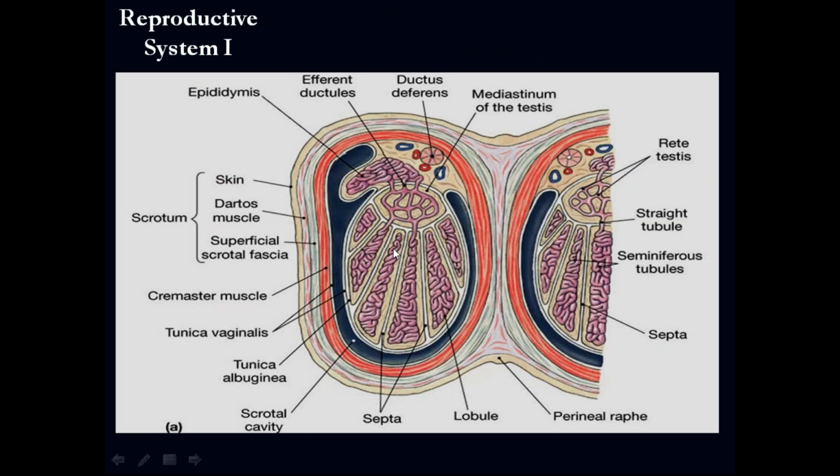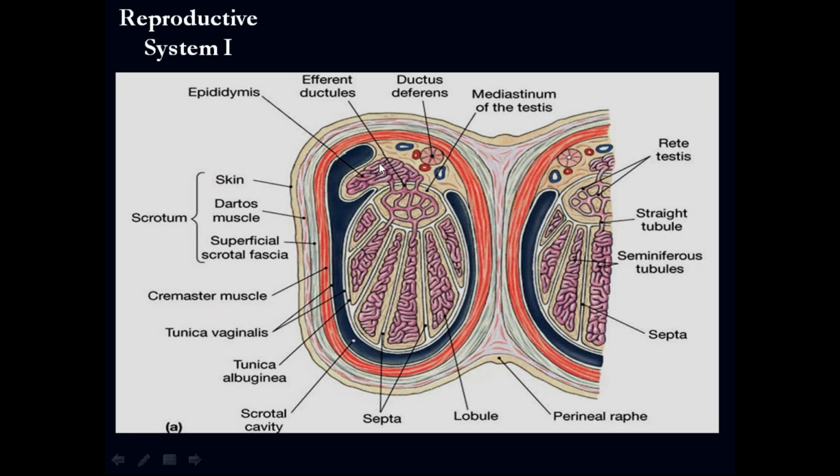All right, so here again, if you see here, please, you have the lobules. Here inside we have seminiferous tubules. Here we have the straight tubules, and then they get into the rete testis. The rete testis then goes out of the testicle through the efferent ducts, and then they're going to go into the epididymis.